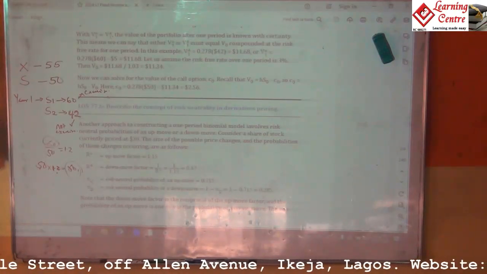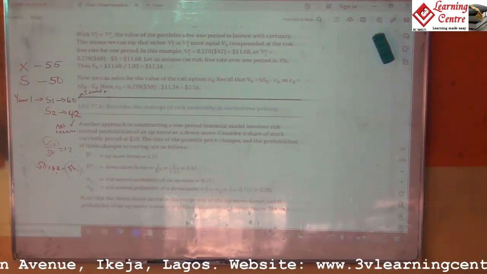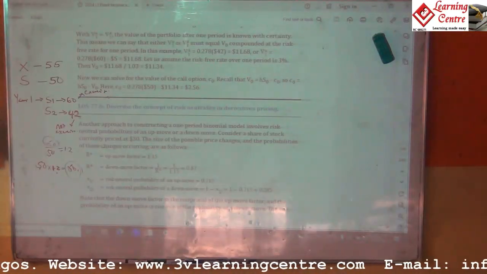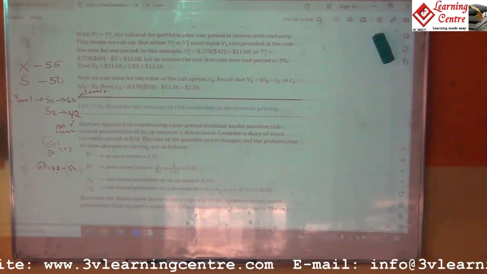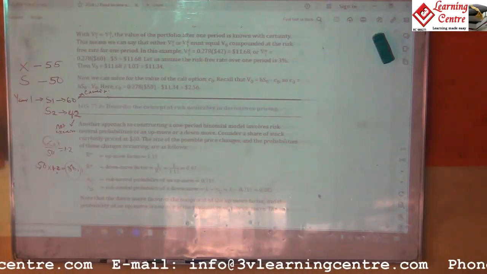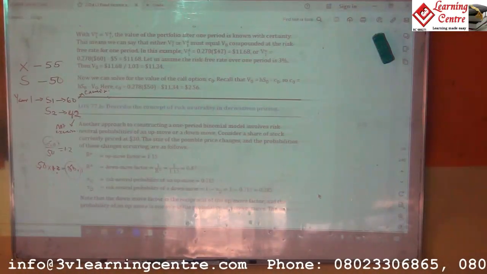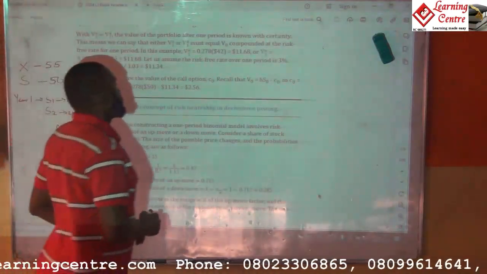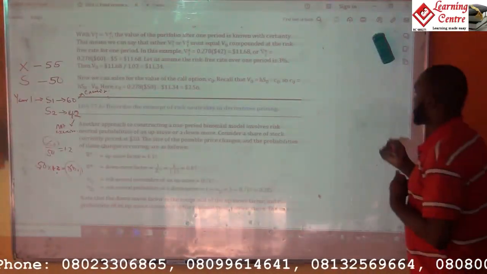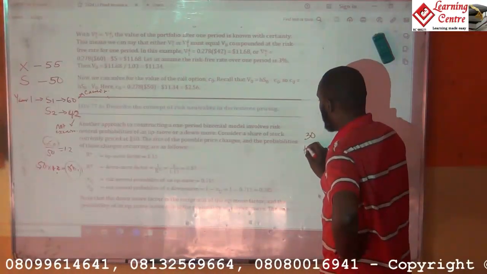Risk neutrality of an up move is 0.715. Risk neutrality of a down move is 1 minus 0.715, because the risk neutrality must give you 100%. So one is 71% or 72%, the other is 29%. So now, if I'm going to draw that graph again, we are starting at 30 today, right?